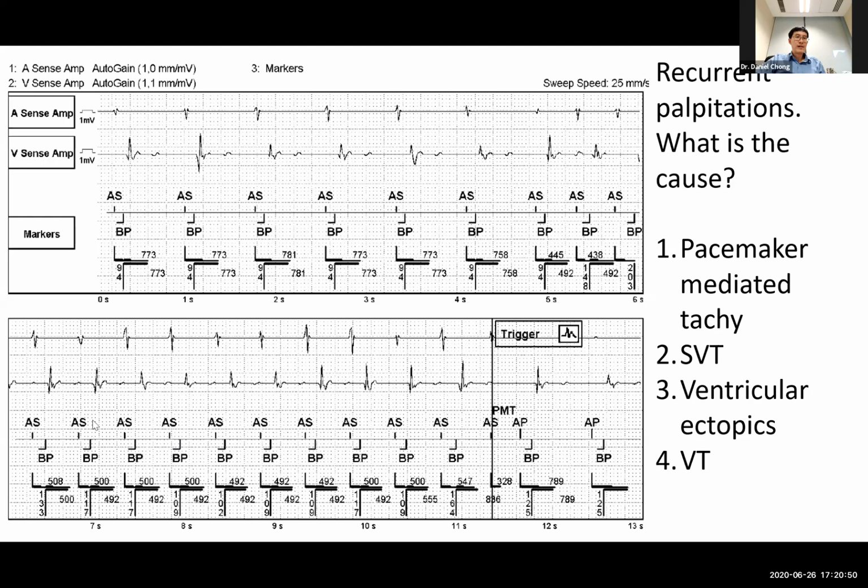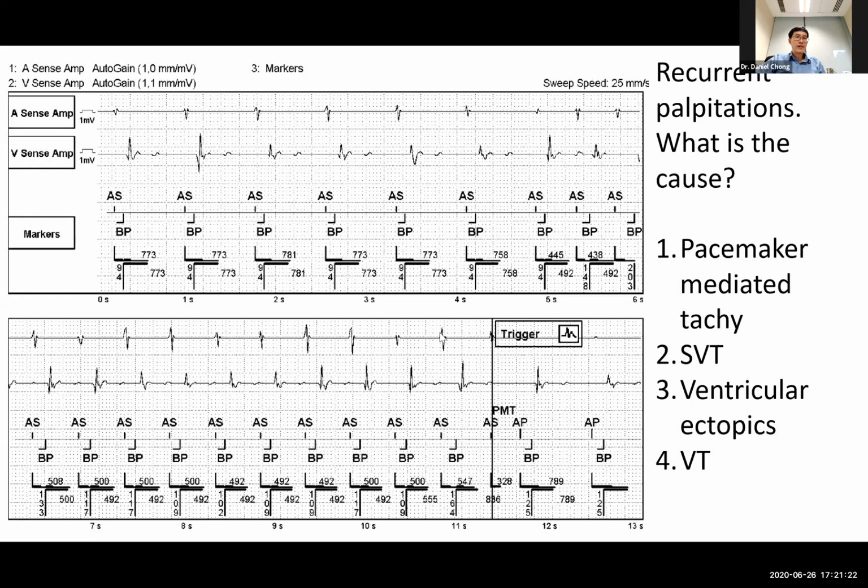So this faster atrial rate is being tracked by the device, and the device detects it as a PMT, but that doesn't mean the device says it's PMT. It's really a pacemaker-mediated tachycardia. We have to see the response when the device initiates the therapy for PMT, which in this particular device is to withhold one ventricular pace beat.